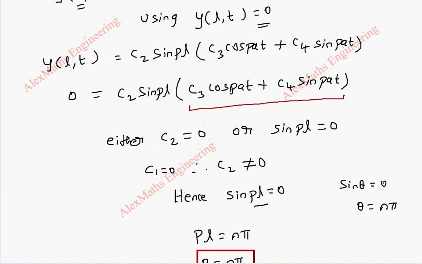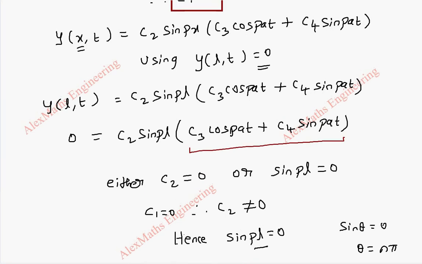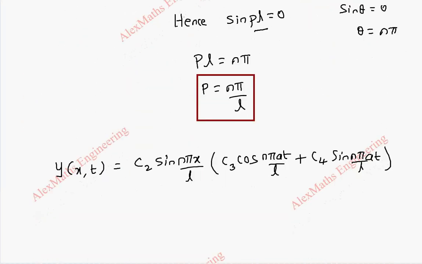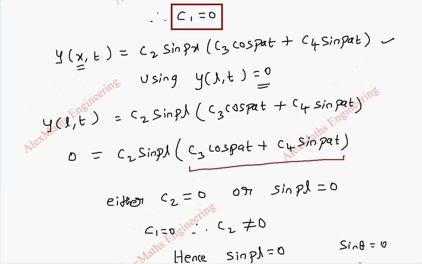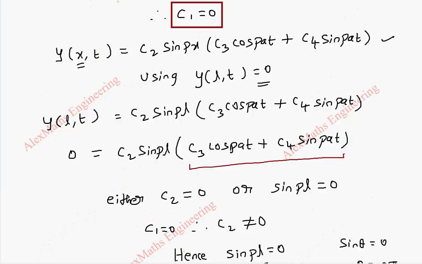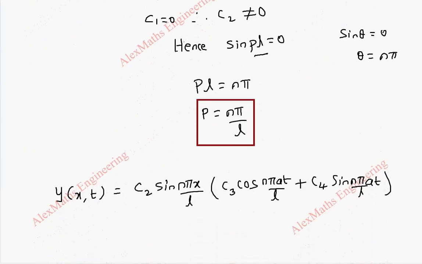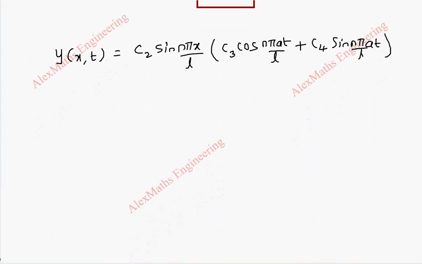Wherever we had p, we substituted n pi by L. So y equals c2 sin(n pi x/L) into (c3 cos(n pi a t/L) plus c4 sin(n pi a t/L)). So we got the solution.